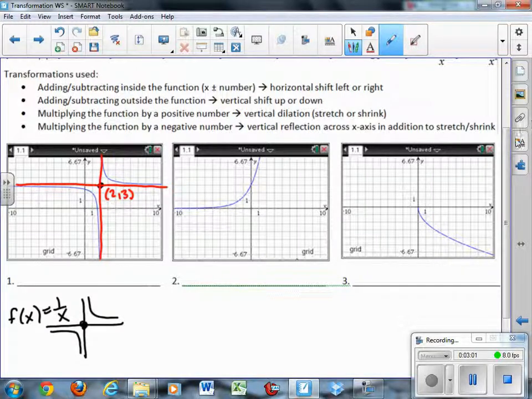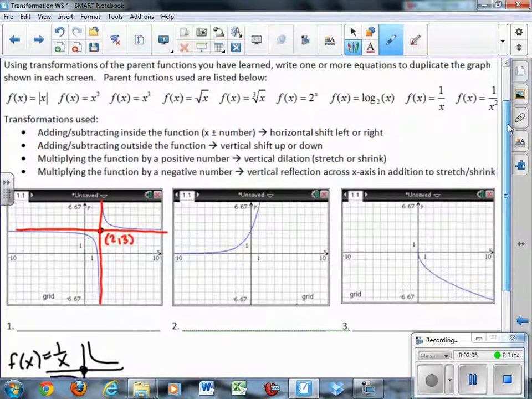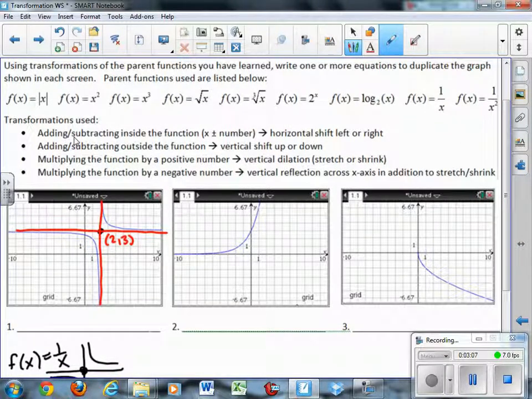To remind you of the transformations, I have a list here of the transformations that we've done. First of all, you could add or subtract something inside the function. In other words, substitute x plus or minus a number for x in the function, and that would give you a horizontal shift left or right.